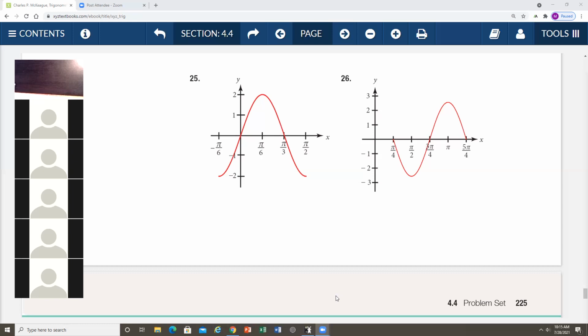Looks like it's also experienced a phase shift. It's been shifted to the right by pi/4 radians. Notice, because the graph does not start on the y-axis like the basic sine function does. Okay, and there is no vertical phase shift because the x-intercepts occur halfway in between the minimum y value and the maximum y value.